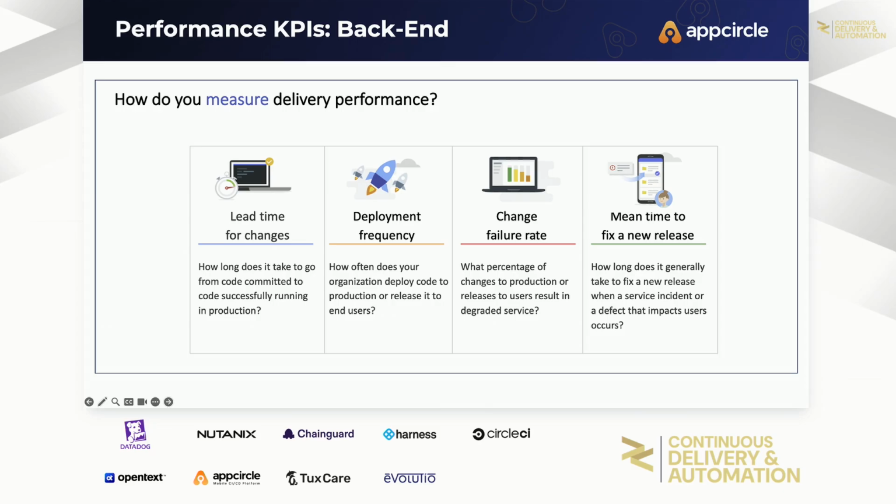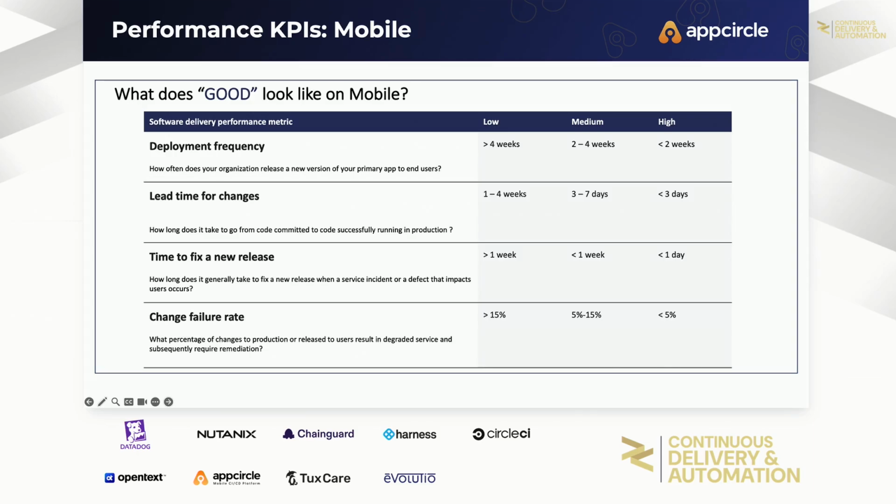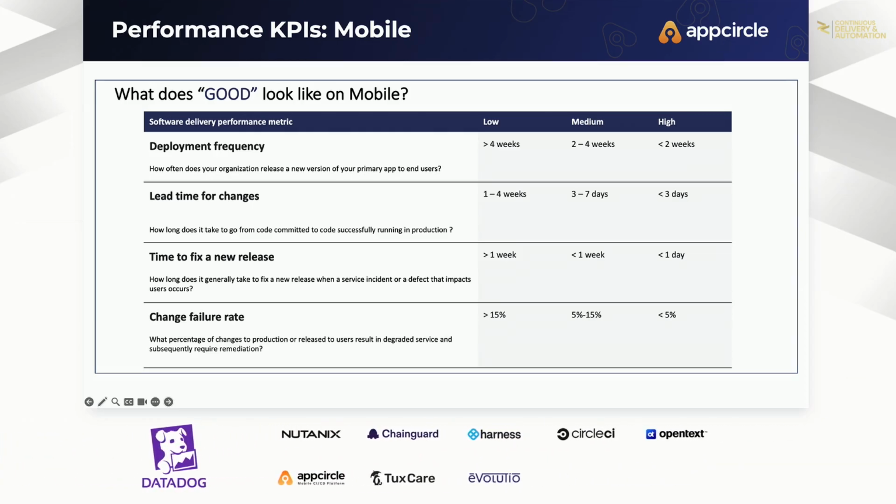But I'm not even sure if there is a standard to measure the KPIs on the mobile side. So we just tried to do that with our existing customer base. We kind of ran a research, let's say, an assessment with the customers. And these are the answers that we get from our own customer base.